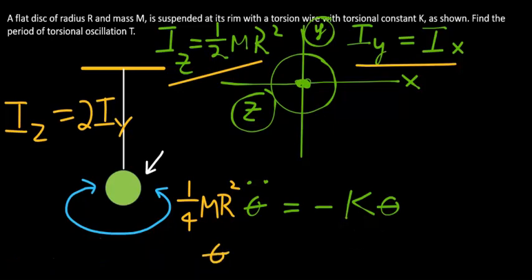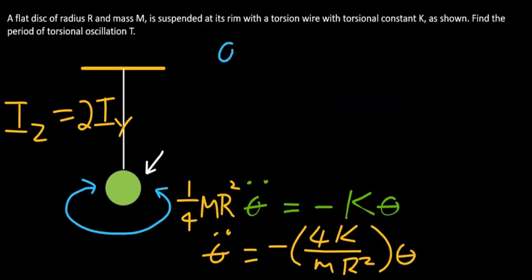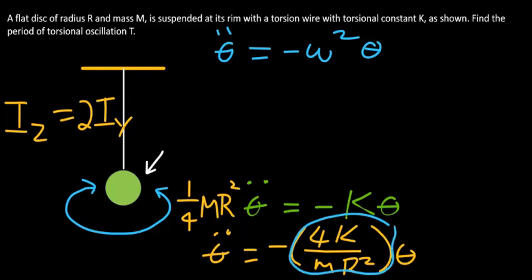And let's solve for theta double dot. You get minus 4K over M R squared theta. So what we have here is the equation of motion for simple harmonic motion, like that. So this term is the square of the angular frequency.